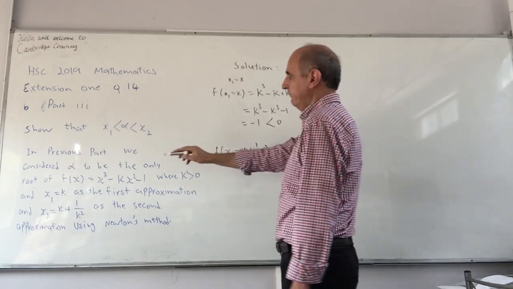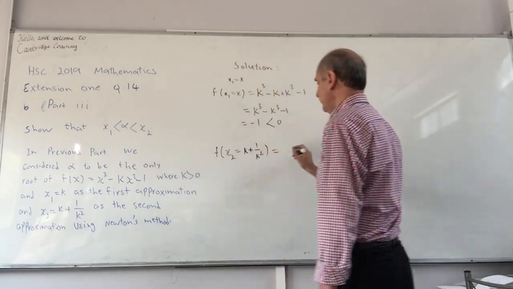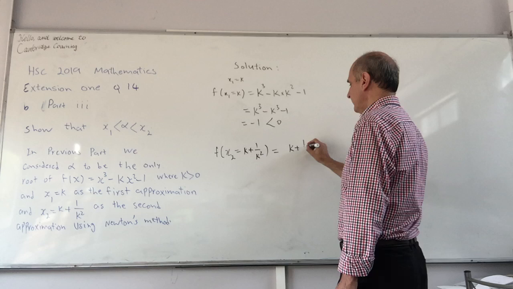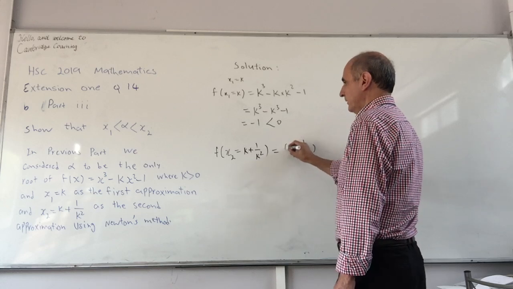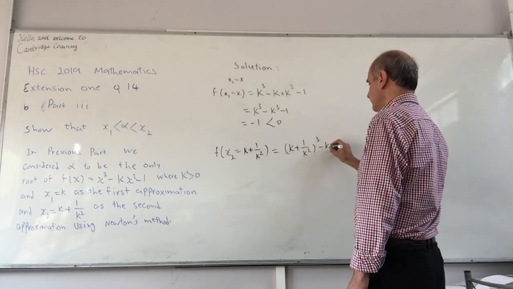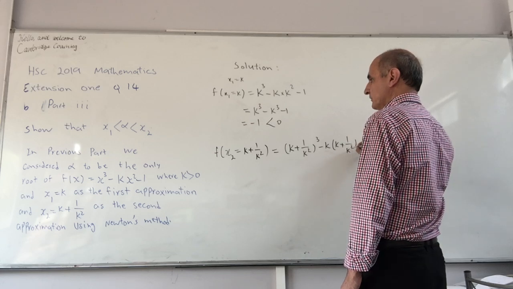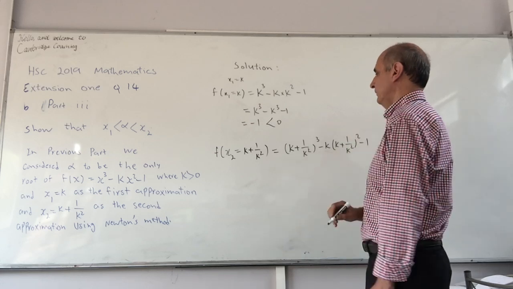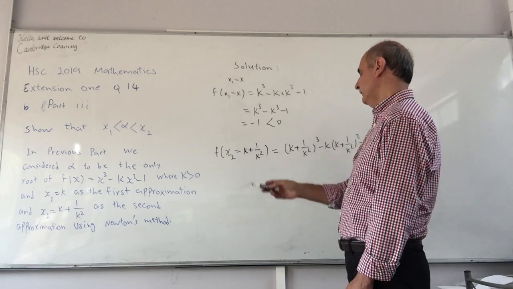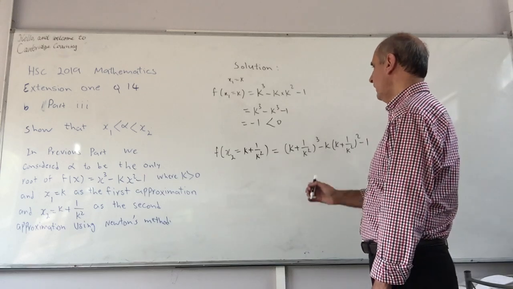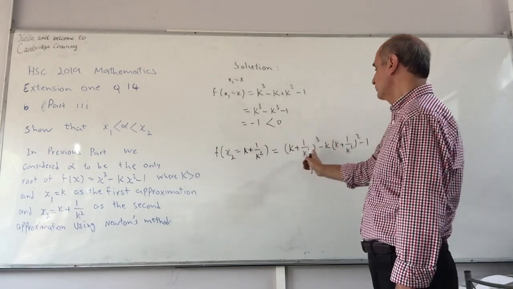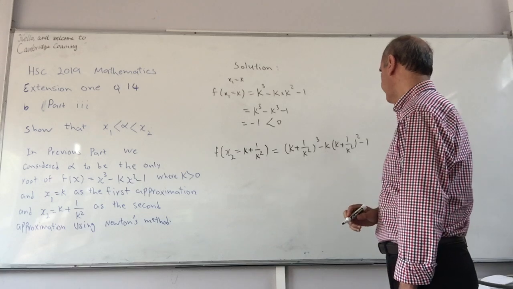Wherever I have x, I need to replace it with k plus 1 on k squared. So that becomes k plus 1 on k squared, cubed, minus k times k plus 1 on k squared, squared, minus 1. That is f of x2. Now, because this was negative, we have to show that this is positive.